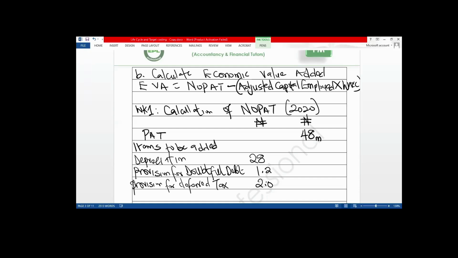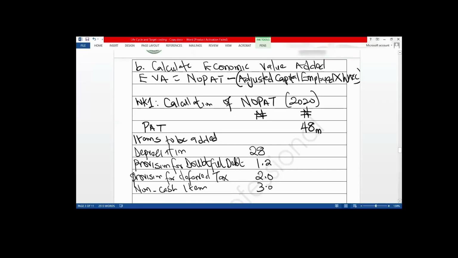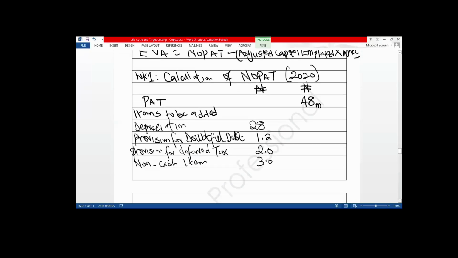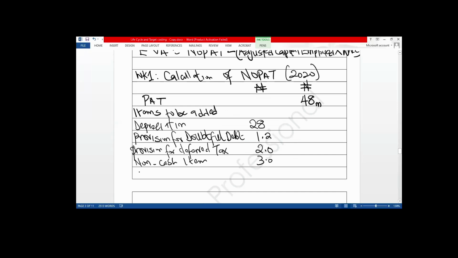Next, do we have non-cash items? Yes, 3 million. Add it back, non-cash item. Next, do we have interest? That is the finance charge. Interest net of tax.